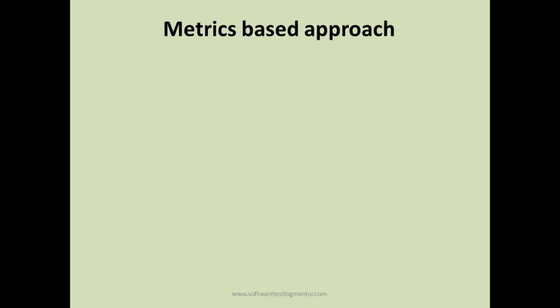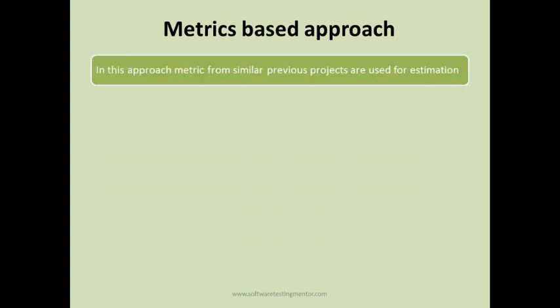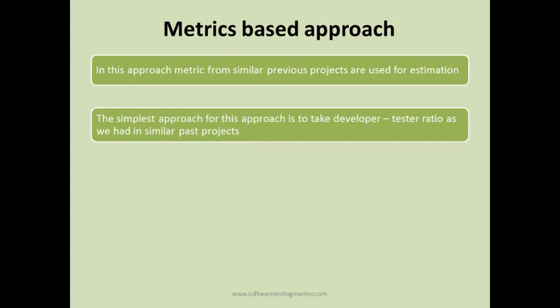Then what is the metrics-based approach? In this approach, metrics from similar previous projects are used for estimation. The metrics from previous projects are already collected. If phase 1 of the project has ended, you have the metrics from phase 1. You use those metrics to estimate phase 2 of the project.